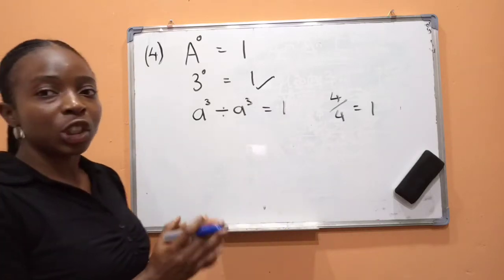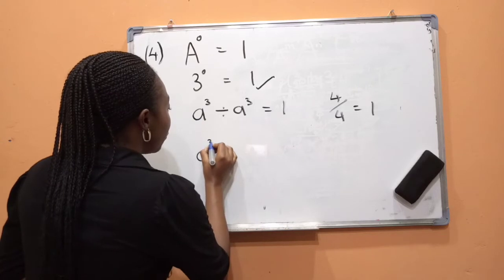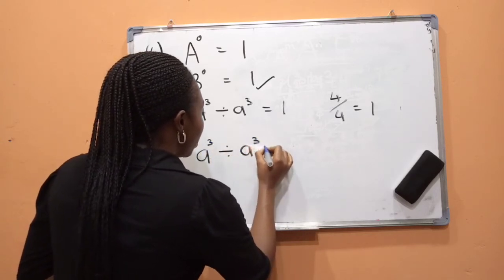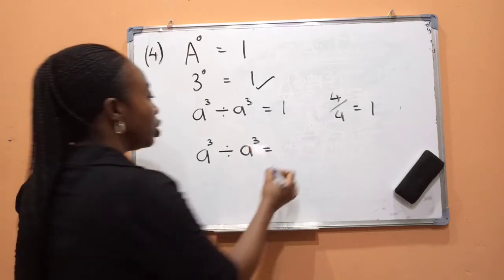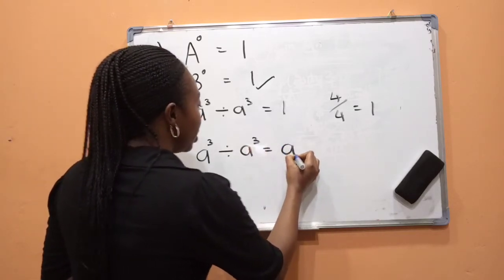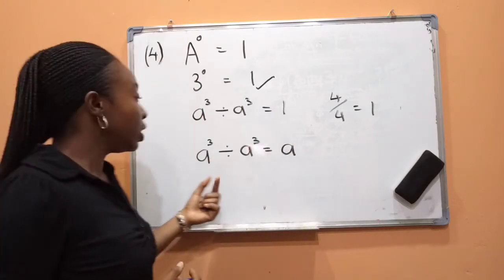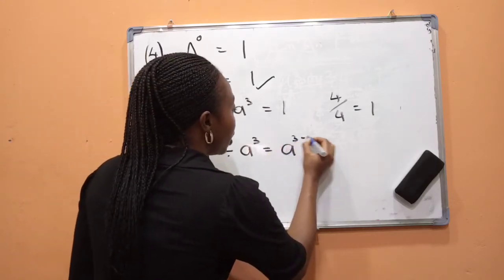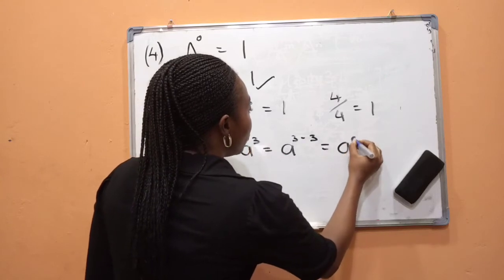Then from our knowledge of indices, we know that we can say a to the power of 3 divided by a to the power of 3, okay? So what we simply do is to write this base since they are the same, and we know from our knowledge of indices we subtract the index. So we're going to have 3 minus 3, right, giving us a to the power of 0.